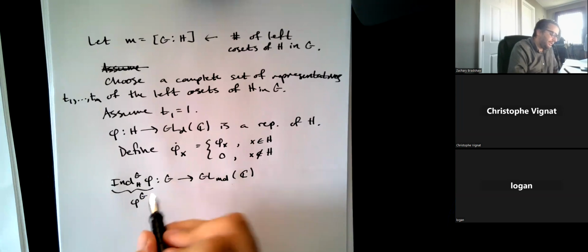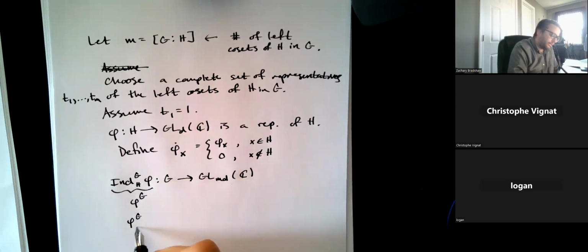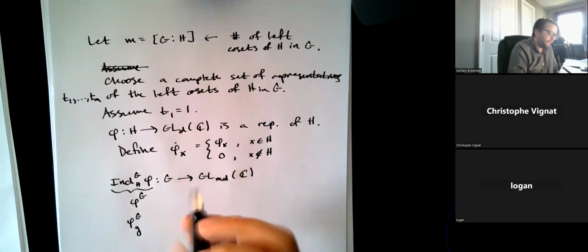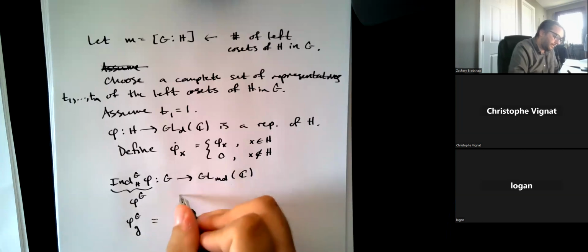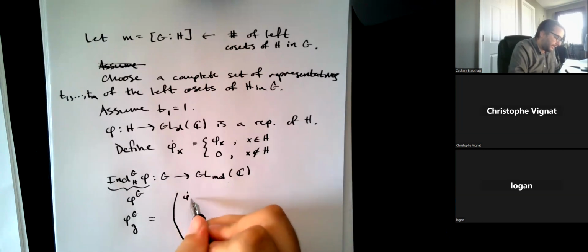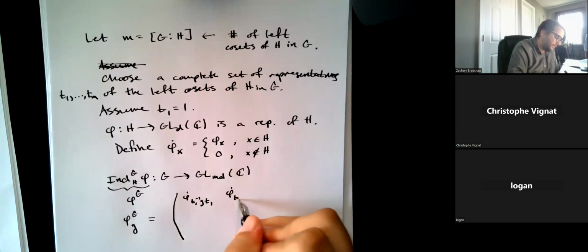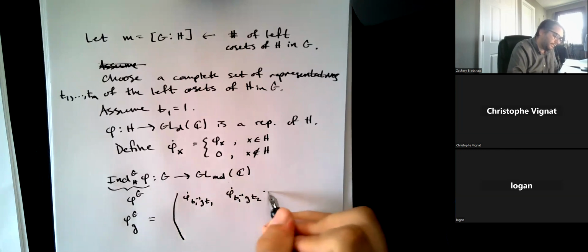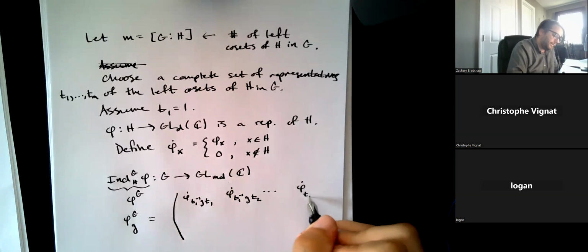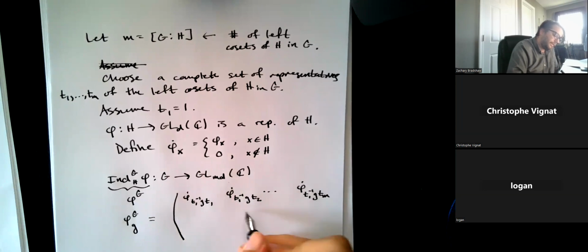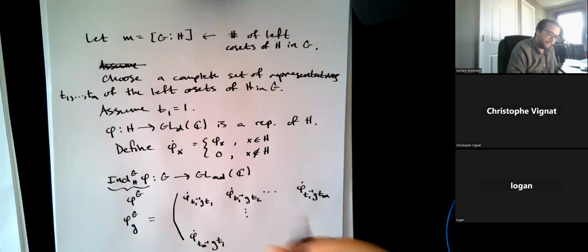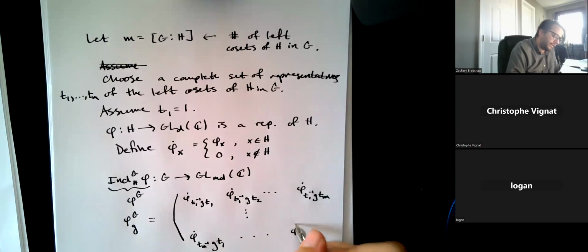So this phi G evaluated at the group element g is equal to the matrix with first row phi dot T1 inverse g T1, phi dot T1 inverse g T2, and so on through phi dot T1 inverse g Tm, and we continue in this way down to the last row, which is Tm inverse g T1, all through phi dot Tm inverse g Tm.